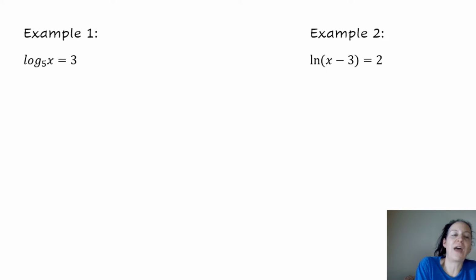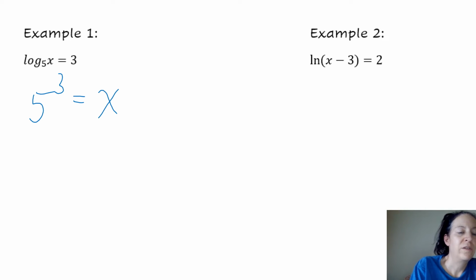So to change that over to an exponential, the base of the logarithm is the base of the exponential, so it'll be 5. The number that is over here is the exponent, and then the argument is whatever's by itself. And so this becomes 5 to the 3rd power equals x, and hopefully that's one that's fairly easy to retrieve from memory.